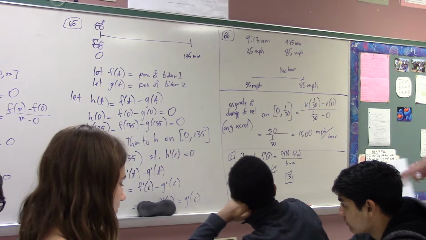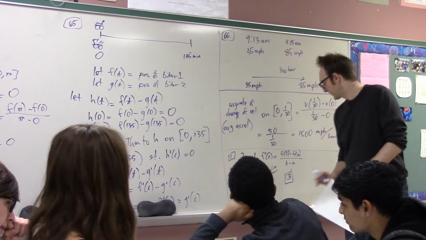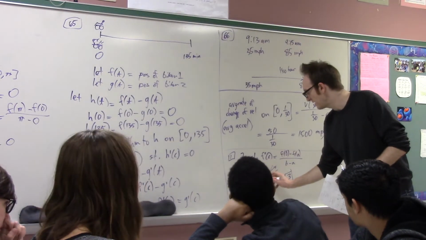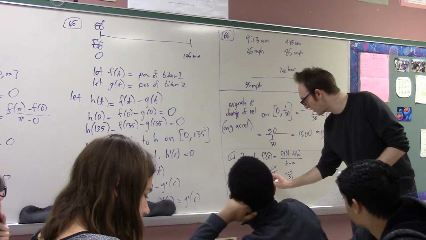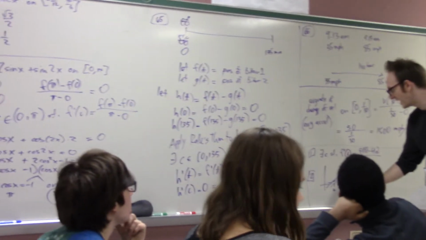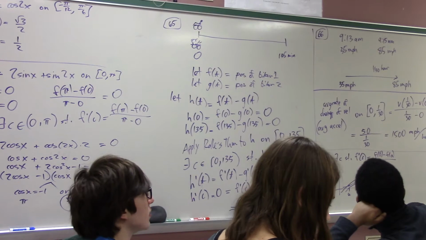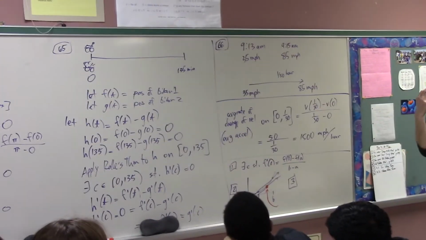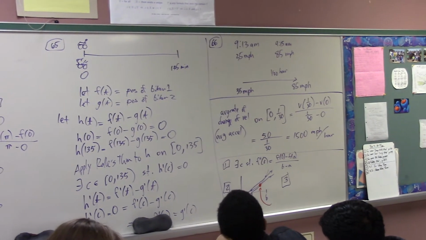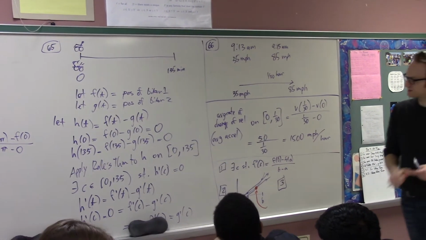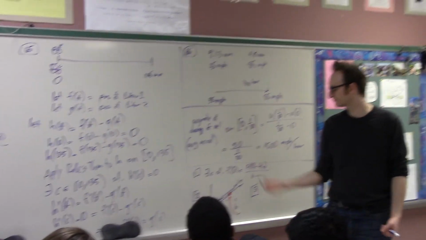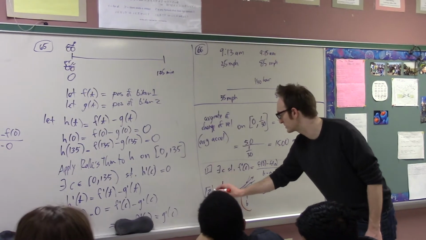What the mean value theorem really says, in words, is that if there's any interval whatsoever, there's always some special point which, in some ways, represents the function over that interval. Let's just take position.